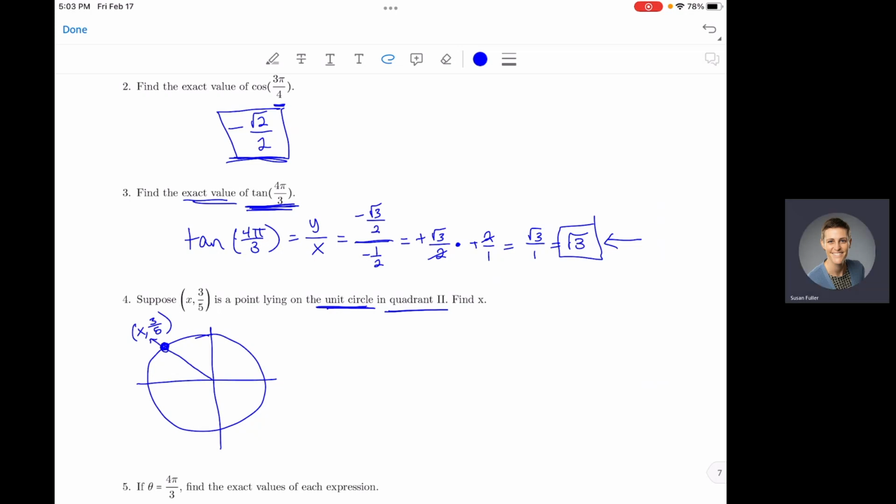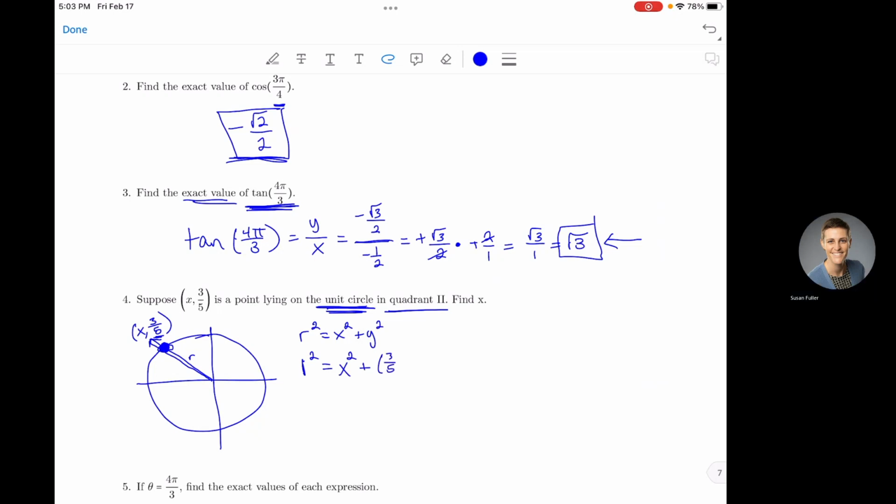I know that when I'm working with an ordered pair on the terminal side of an angle, my hypotenuse here is r, and that r squared equals x squared plus y squared. Because this is the unit circle, I know that r is 1, so 1 squared is equal to my x coordinate, which here stays x, plus my y coordinate, which here is 3/5 squared.